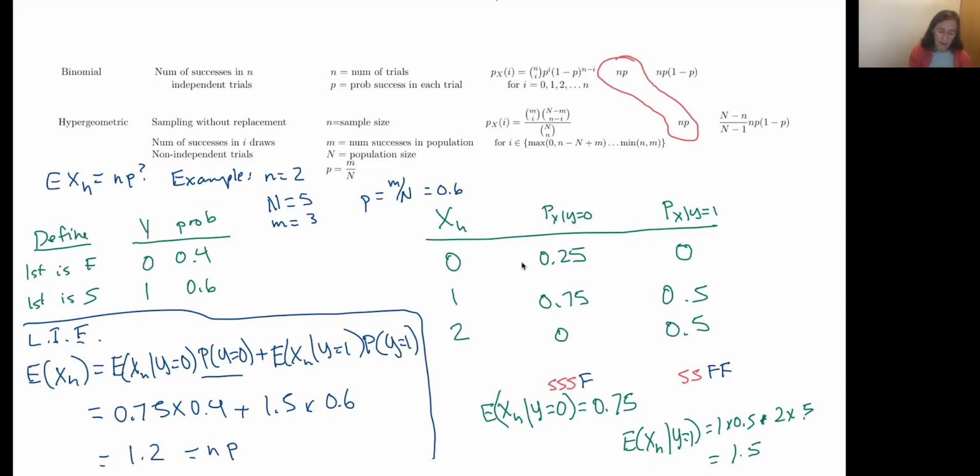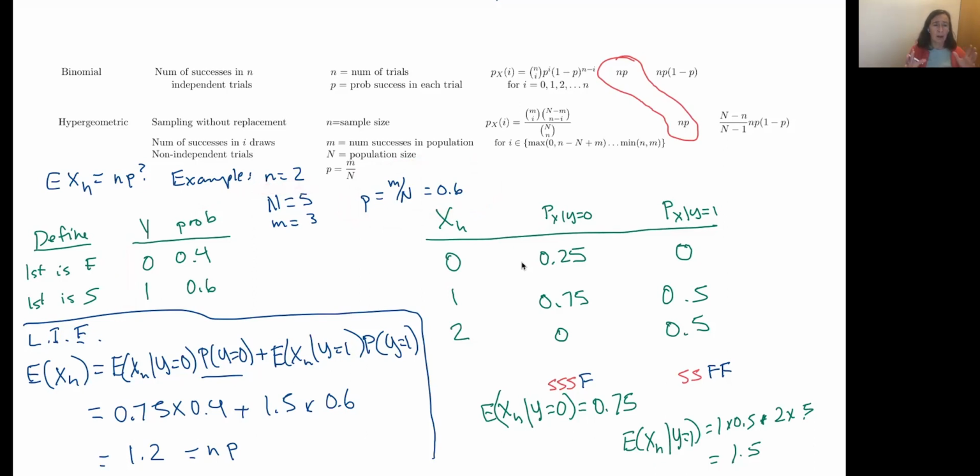Yes, once we have a conditioning event, once we know the outcome of the first draw, our probabilities are changing here. But before we know how that first draw is going to go, before we know whether the first marble is going to be a success or a failure, the only information we have is the information about the overall proportion of successes in the population and the number of draws that we're taking.